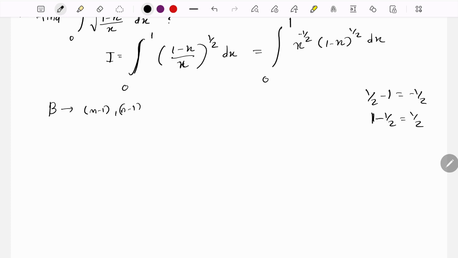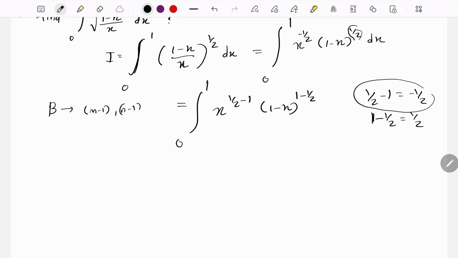So we can rearrange this power: integral 0 to 1, x to the power minus 1 by 2, that is 1 by 2 minus 1, and (1 minus x), here also the power is 1 by 2. So we can write 1 minus 1 by 2 dx. So now this is a form of beta function, that is m minus 1 and n minus 1.